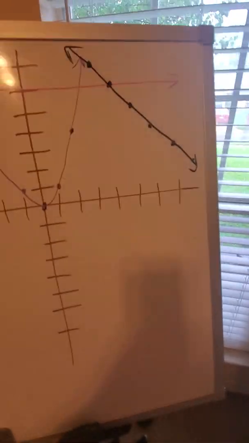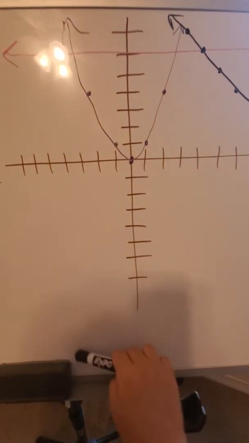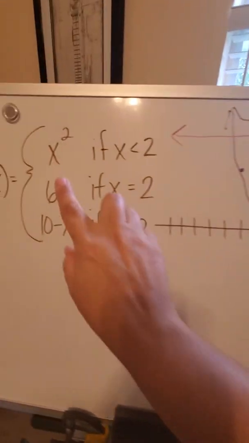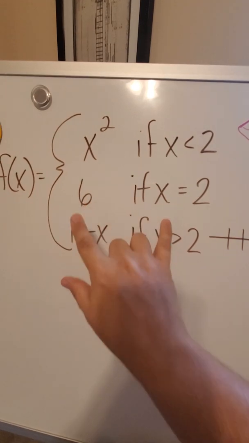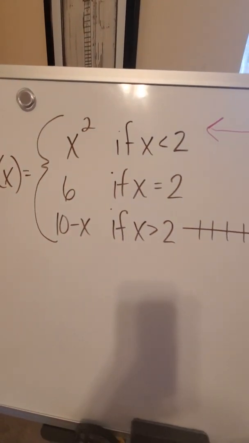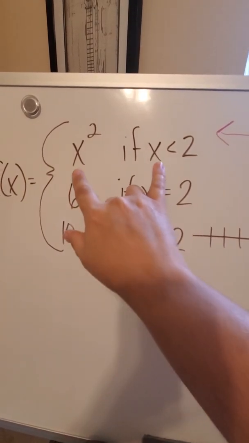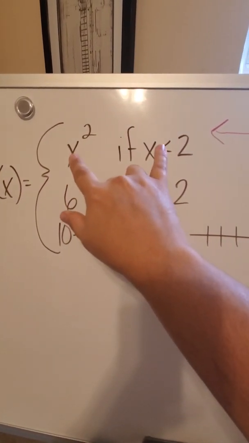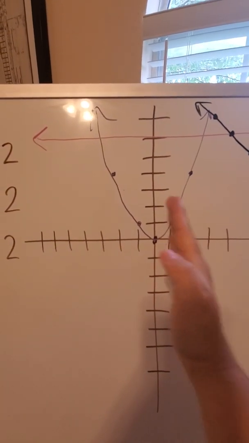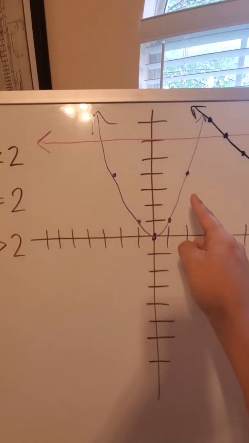I've graphed them all. Now, what piecewise does is say, I only want to see each particular graph within those x values. So let's look at x squared. It says if x is less than 2, so the only part I want to see is from 2 back, not including 2.